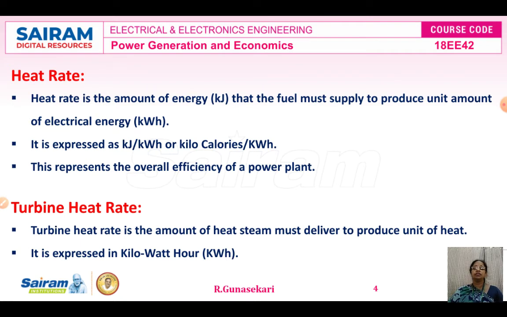The next term is the heat rate. What is meant by heat rate? The heat rate is the amount of energy, expressed in kilojoules, that the fuel must supply to produce a unit amount of electrical energy. The electrical energy is the kilowatt hour.